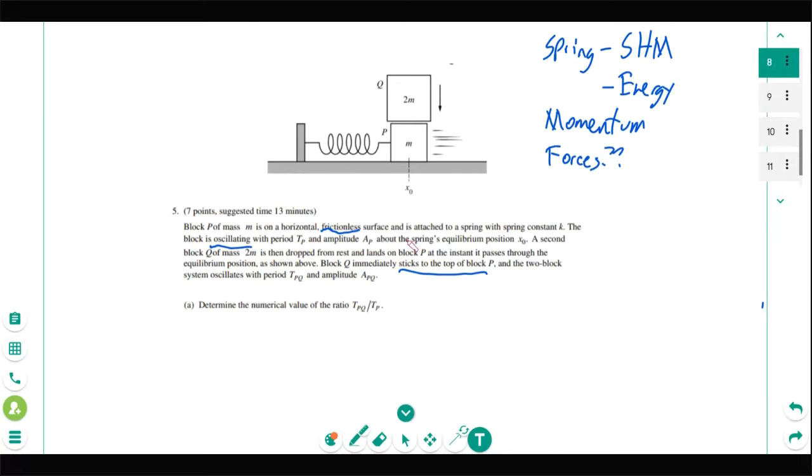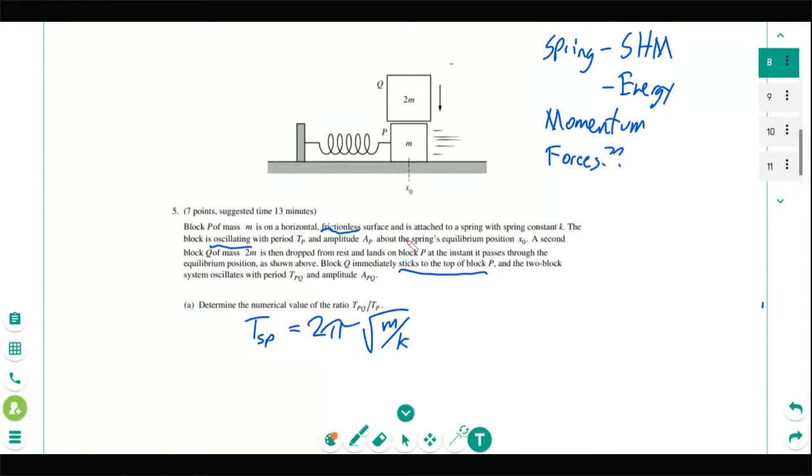All right, so part A, determine the numerical value of the ratio period PQ over period P. This one is very nice because it's pretty much just a reference table lookup. On your reference tables, they tell you the period of a spring is 2 pi square root of m over k.